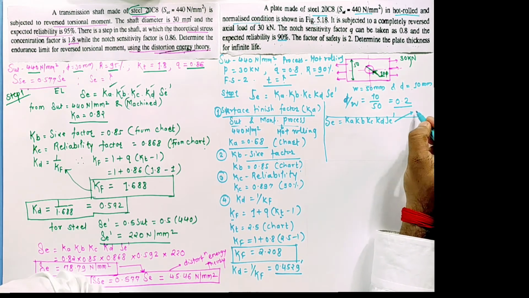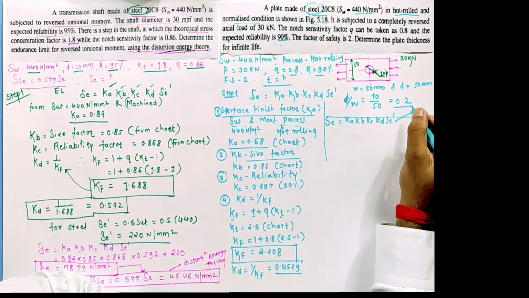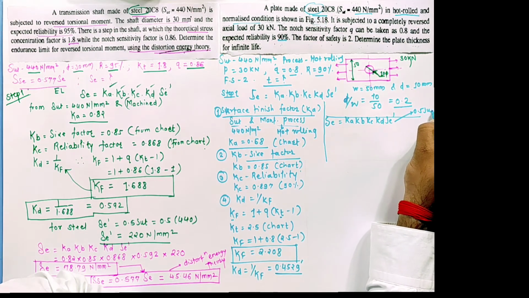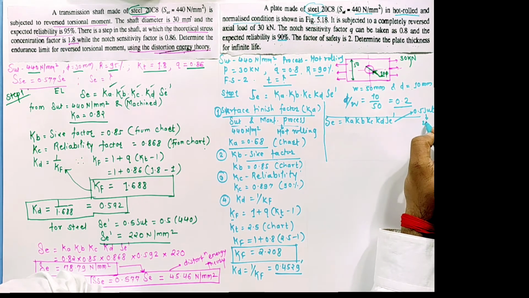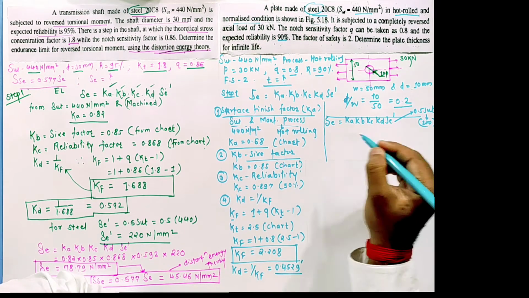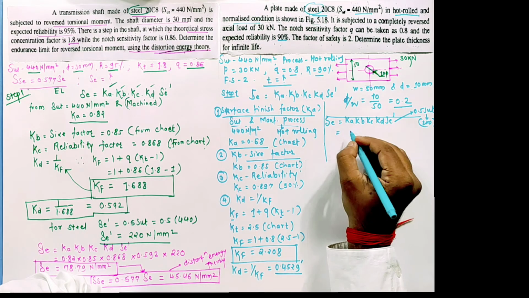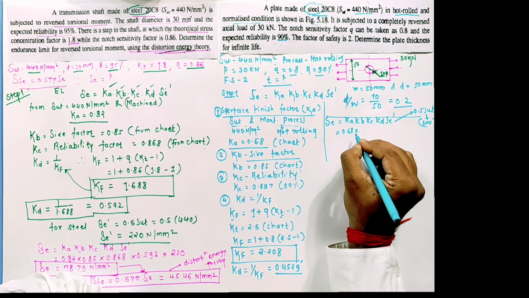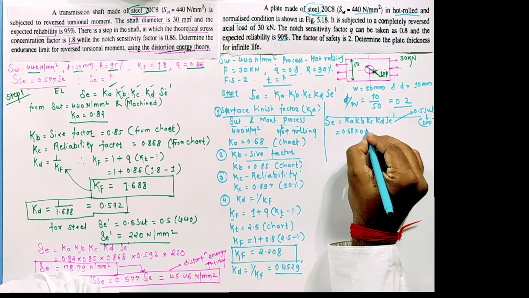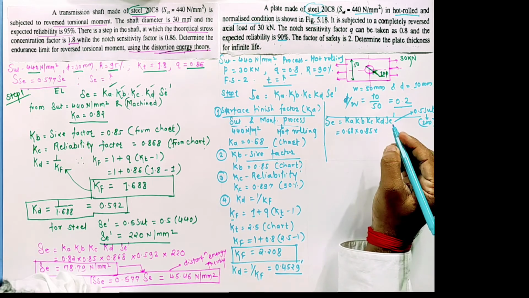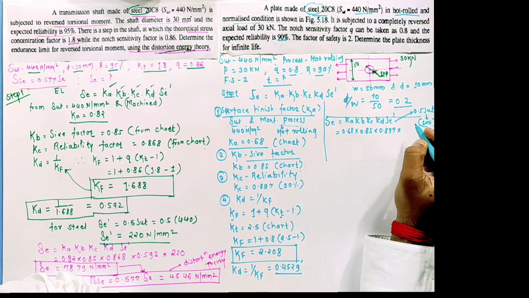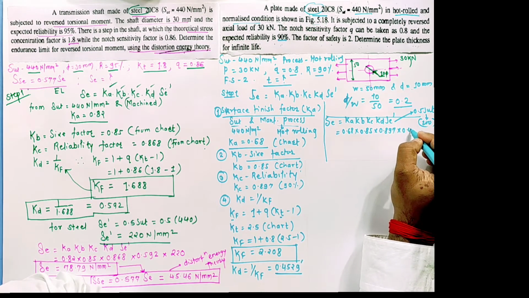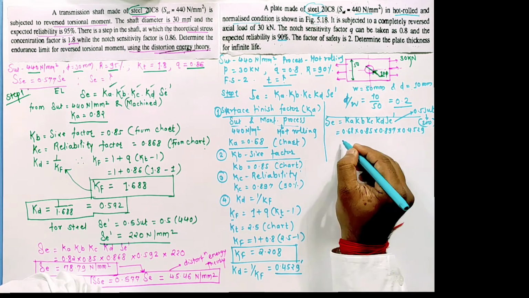Se dash, what is it? It is steel, so 0.5 times SUT, 0.5 times 440, so it will be 220. So I'll write Ka 0.68, Kb 0.85, Kc 0.897, Kd 0.4529.